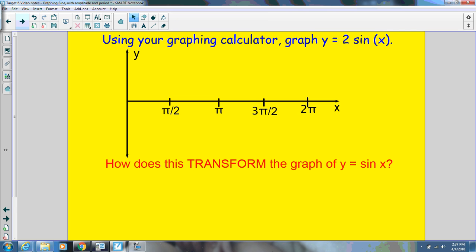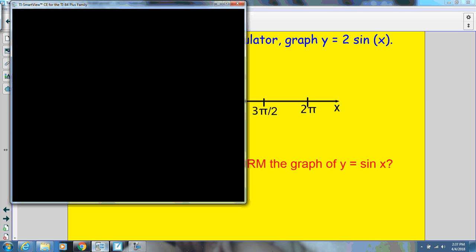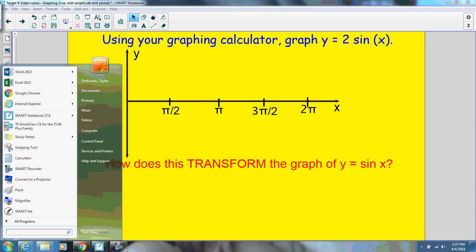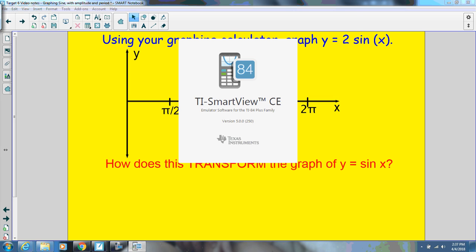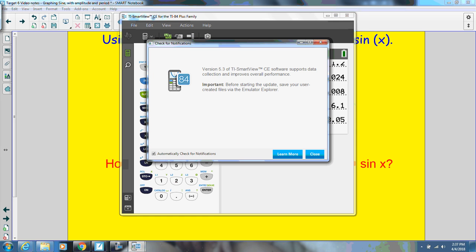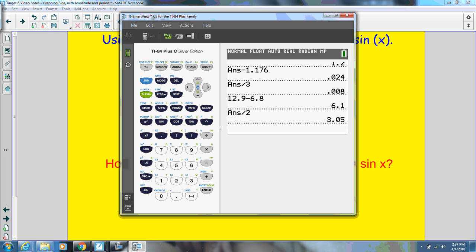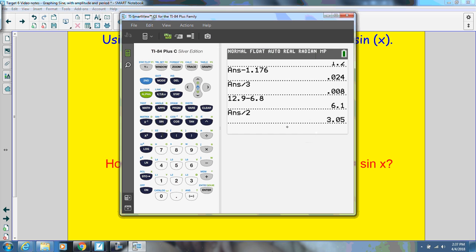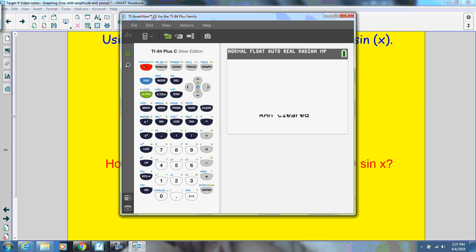So first let's type in y equals sine of x to get our parent function.